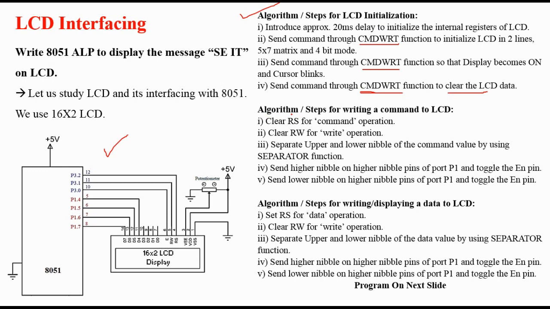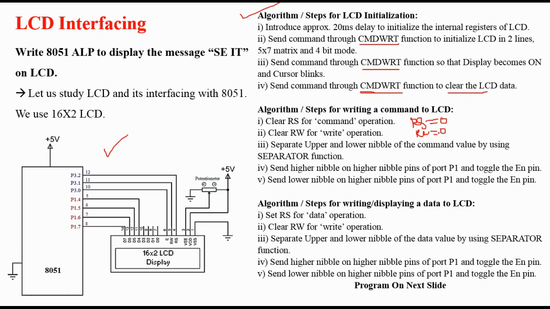Then we have the algorithm for writing the command on LCD. To write the command on LCD, firstly we have to make RS equal to 0. Then we have to clear RW, meaning a writing operation is to be performed.